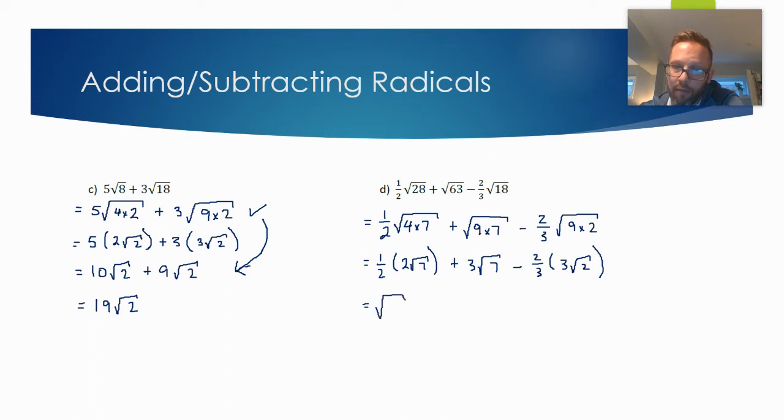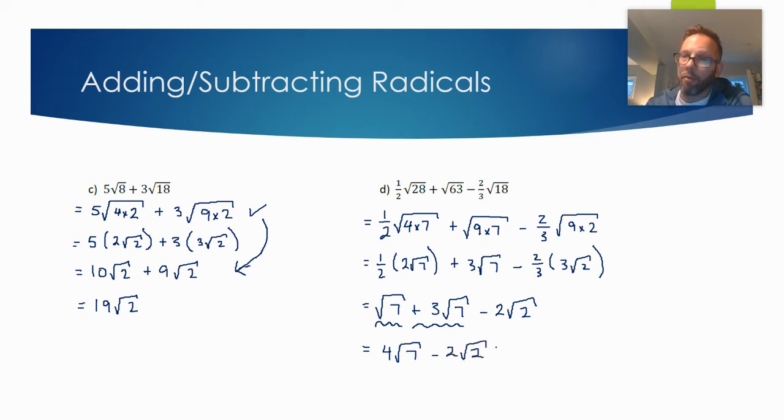So that's root 7 plus 3 root 7. And 2/3 of 3. So you can do 2 times 3 divided by 3. However you want to slice that, that gives you 2. And with the negative, that's negative 2 root 2. The only like radicals we can add are these two guys. 1 root 7 plus 3 root 7 is 4 root 7. And so this simplifies to 4 root 7 minus 2 root 2. In lowest terms, everything collected.